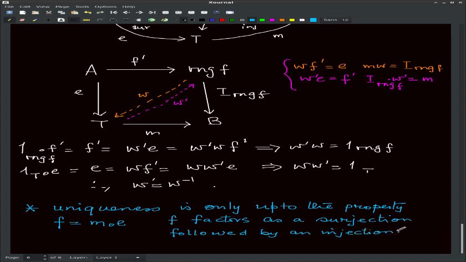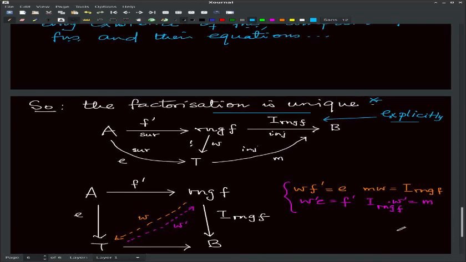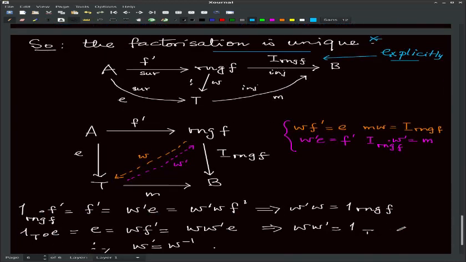So you see, there are two sides of the coin. If you prefer the explicit route, then things become very, very strict and very, very restrictive. There is no question of this, because if you don't allow anything other than explicit things, then this is the only way of writing f explicitly.